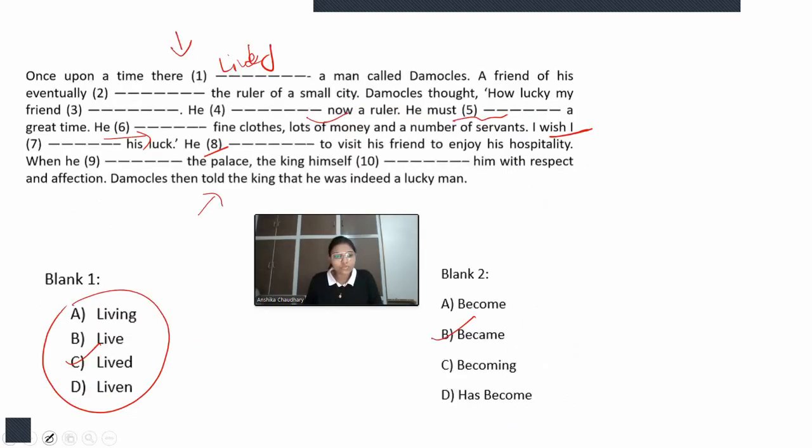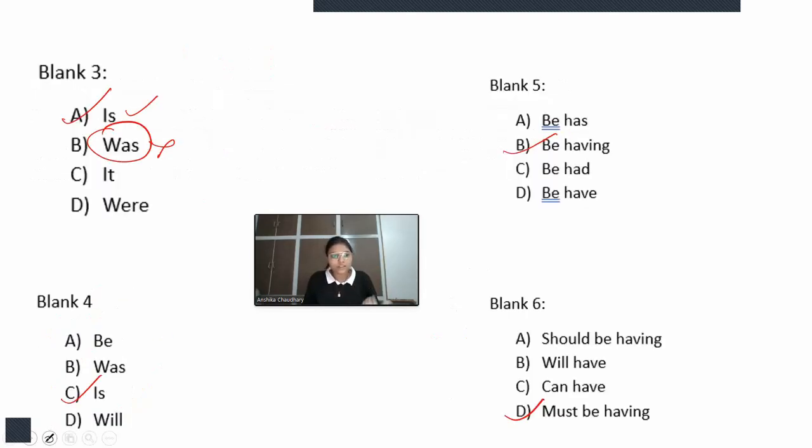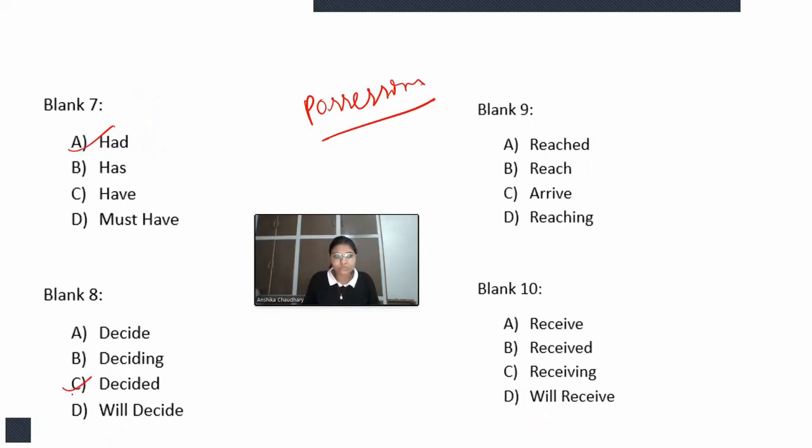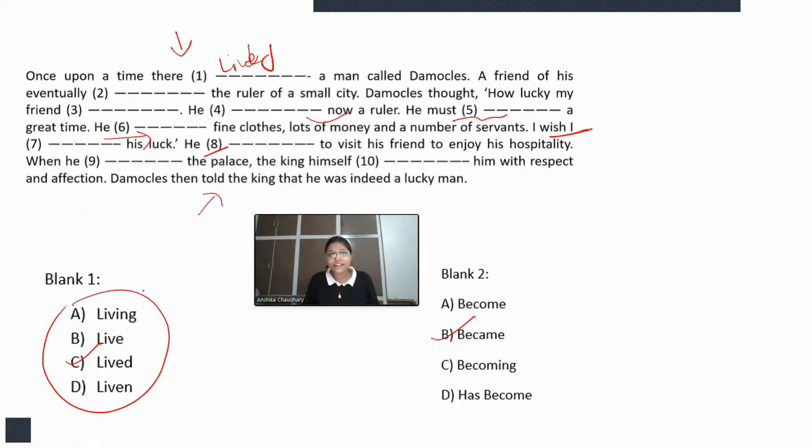According to the statement, he decided to visit his friend to enjoy his hospitality, because we are talking about past. When he the palace, like when the man went to the palace or something, we will be seeing accordingly.